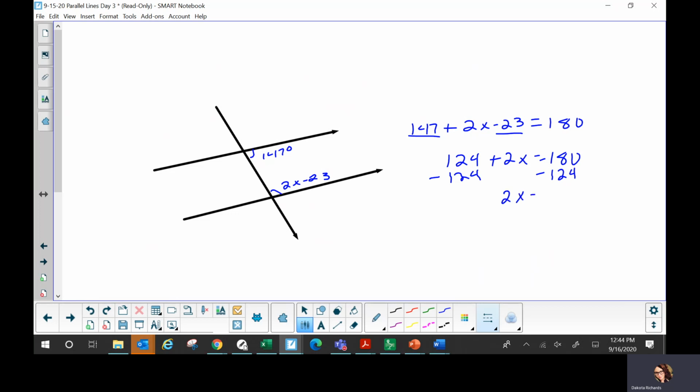You get 2x equals, what's 180 minus 124? 56. And then divide by 2. X is what? And then you go back and you plug in 28 here to get your other angle measure. Okay. Any other questions?